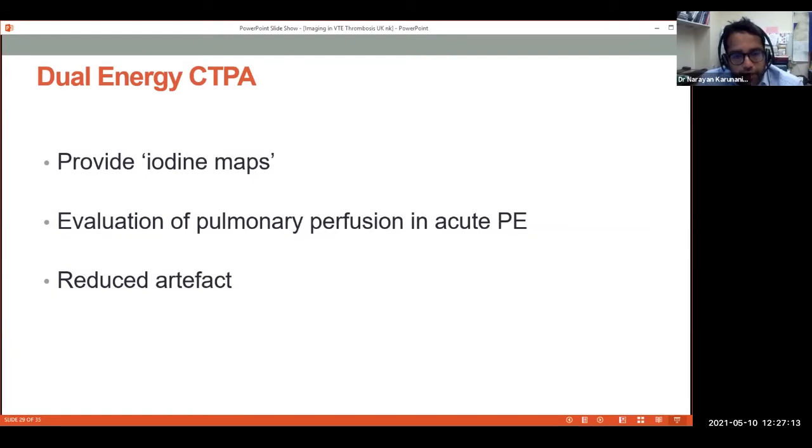So the evolution from CT pulmonary angiography is dual energy CT pulmonary angiograms, which, in addition to providing information about the vessels itself, produces perfusion maps, which I will show you, and these have become incredibly useful to do.